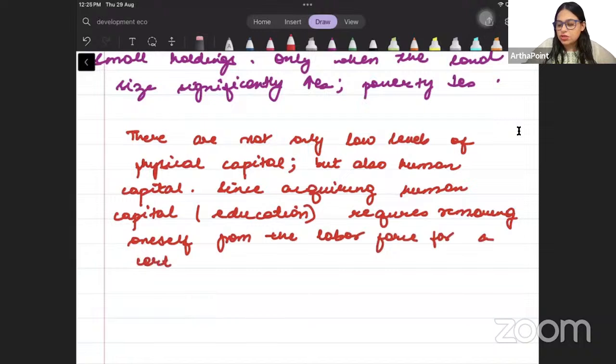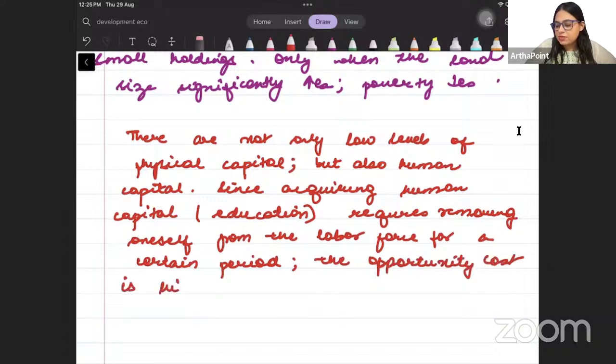I will explain this right now, just give me a minute. The opportunity cost is high for the already poor.